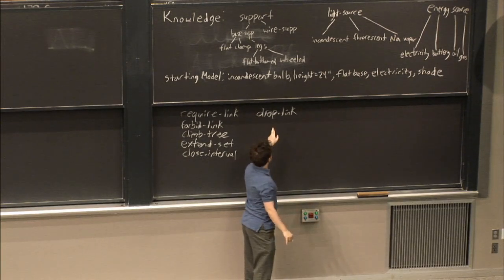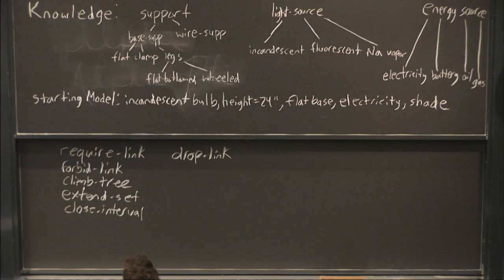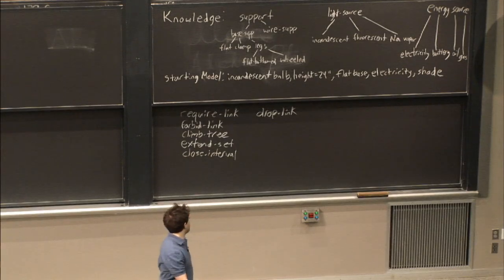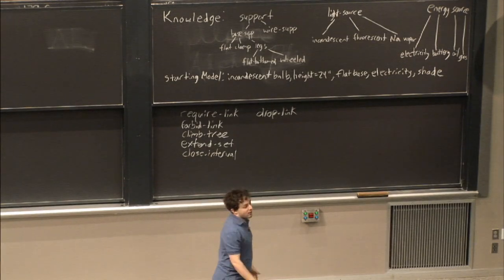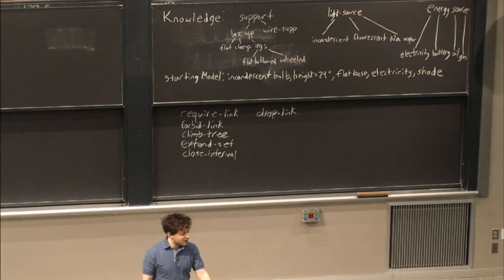Last but not least is drop link. The thing about drop link is that it's again only really used due to the fact that the system wants to be as parsimonious as possible with its model. Let's say that you have a color, and you're like, okay, only red is acceptable.